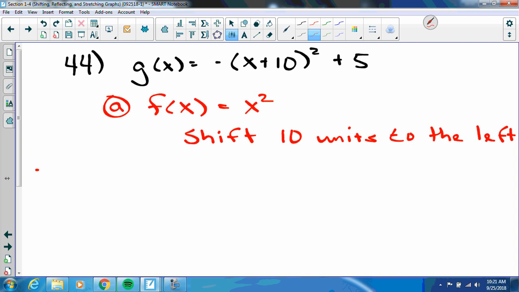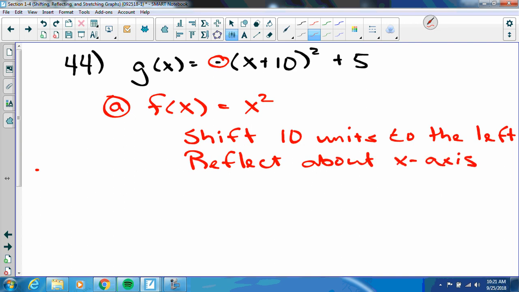The next thing I'm doing is I'm multiplying by a negative, which reflects it about the x-axis. And then lastly, I am going up five units.